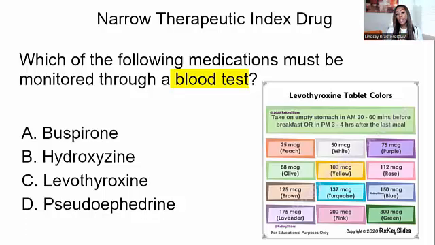It says that if they're taking levothyroxine, they should take it on an empty stomach in the AM 30 to 60 minutes before breakfast, or in the PM 3 to 4 hours after the last meal. So that's probably going to be in the evening. If they're eating dinner at 7, they probably want to take this medication by 3, no later than 4 o'clock.